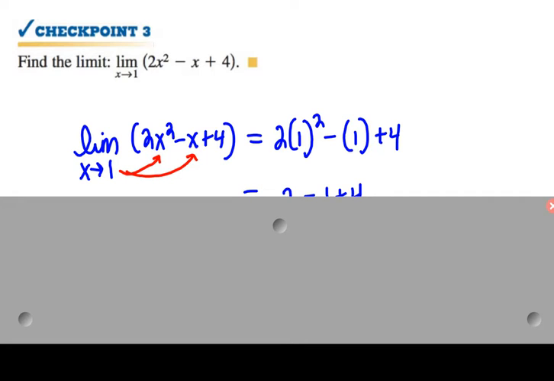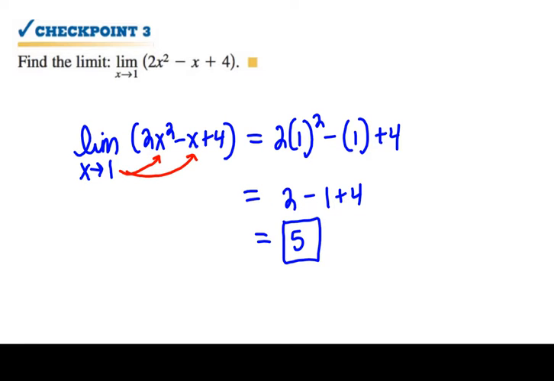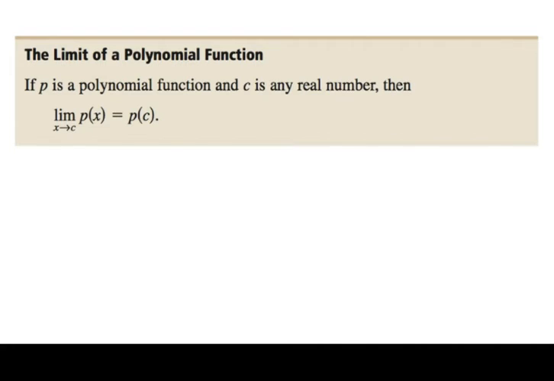And it's going to allow us to find the limit because the limit is going to equal the function value at c. And I got 5. The limit of a polynomial function is exactly what we just said. As x approaches c, p of x is equal to p of c.